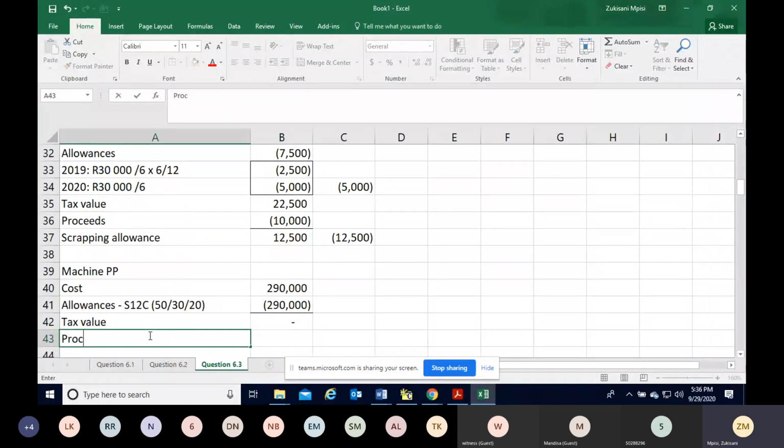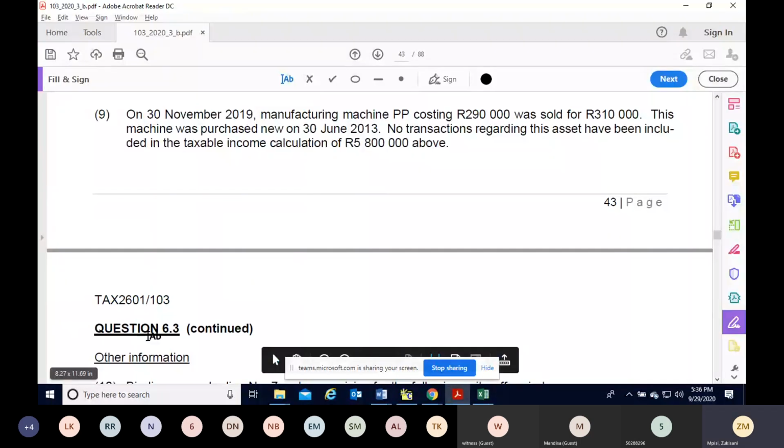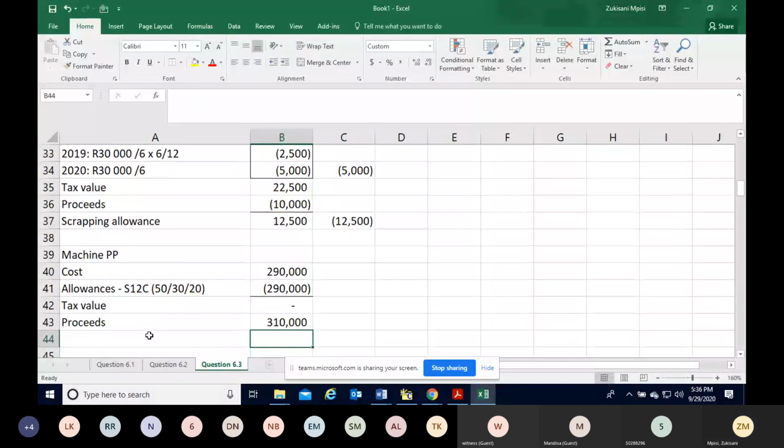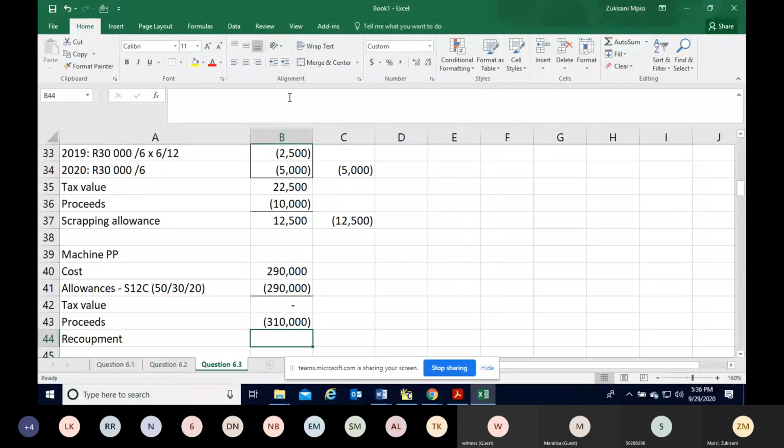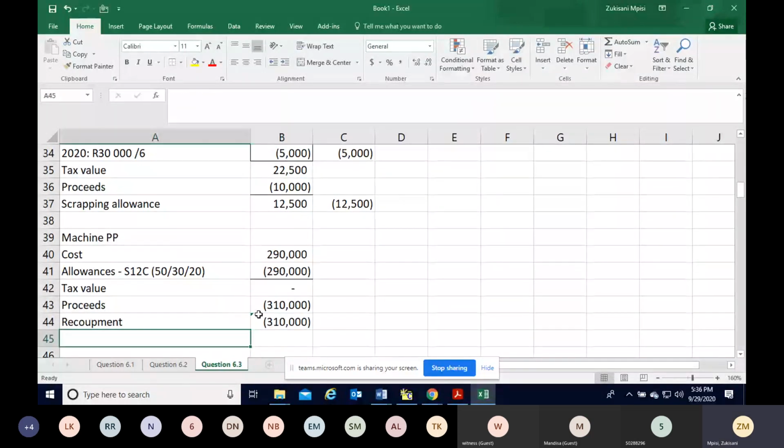So we say proceeds of 310,000. And then we get recoupment of 290,000, because the proceeds are 310,000, and this recoupment is limited to previously claimed allowances.